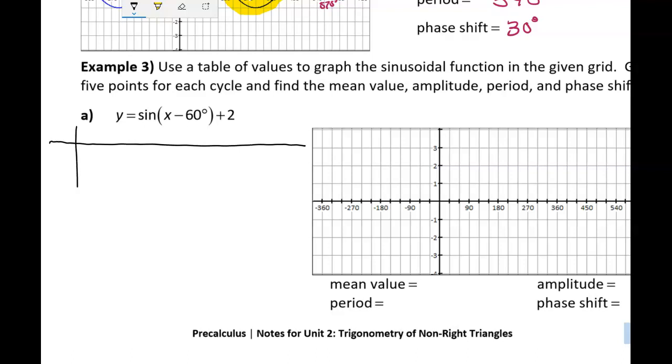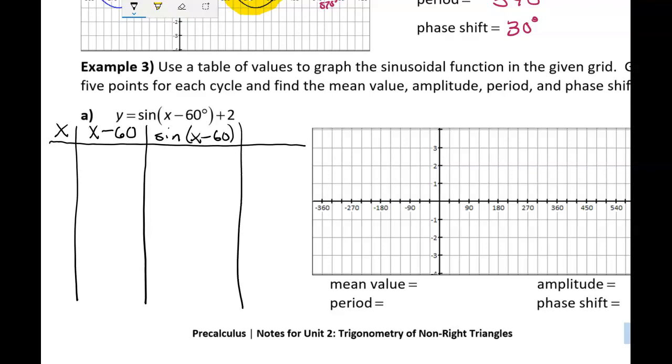So for instance, if I am plugging in an x value into this function, the very first thing that I'm going to do with that x value is do the inside of the parentheses, or subtract 60. Then we take the sine of that value, and then we add 2 to that to find our final y value. So that last column is going to represent our y value.